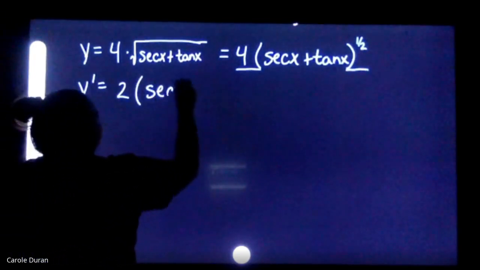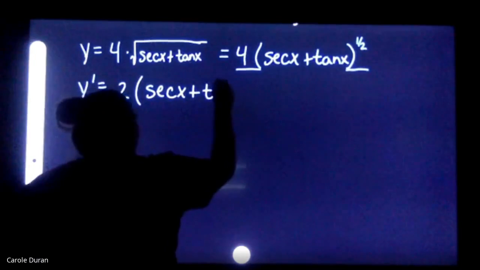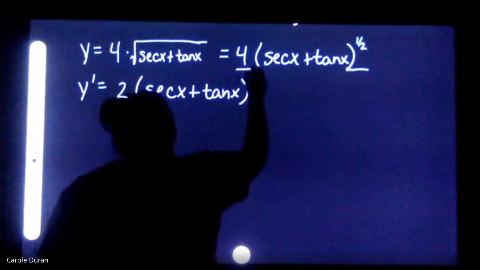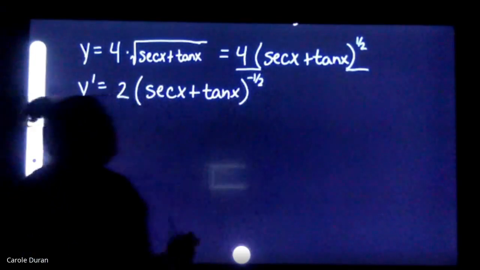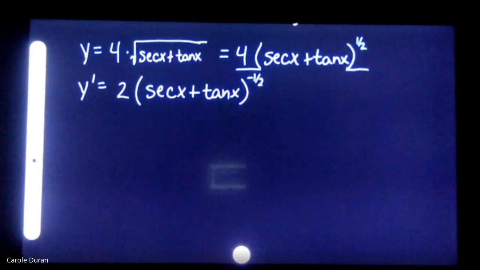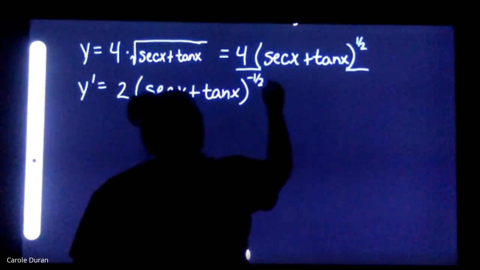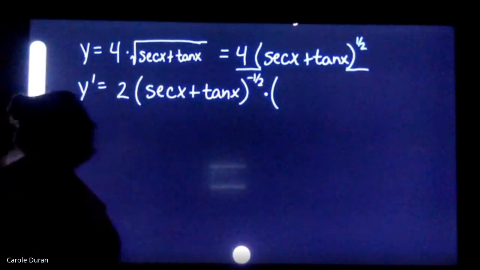Everything inside will stay the same. And then I will decrease my exponent by 1, which makes it to the negative 1/2 power. And then times the derivative of my inside function.